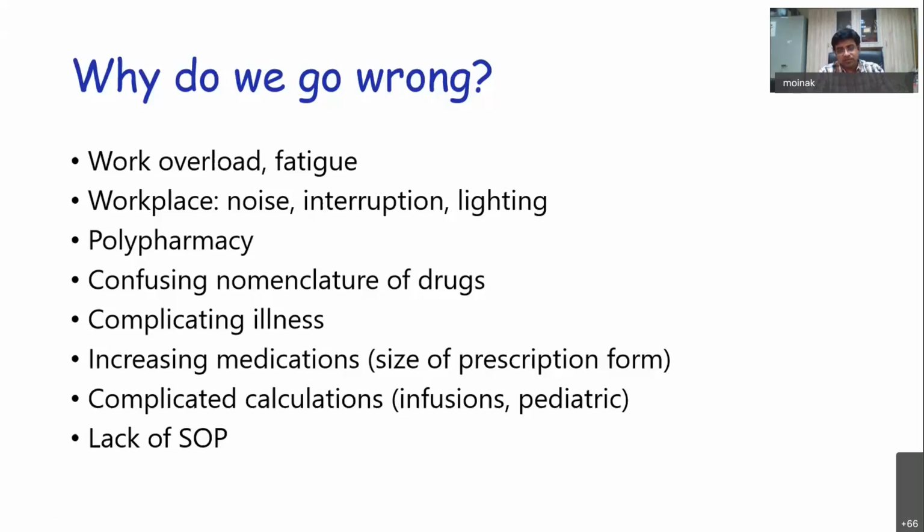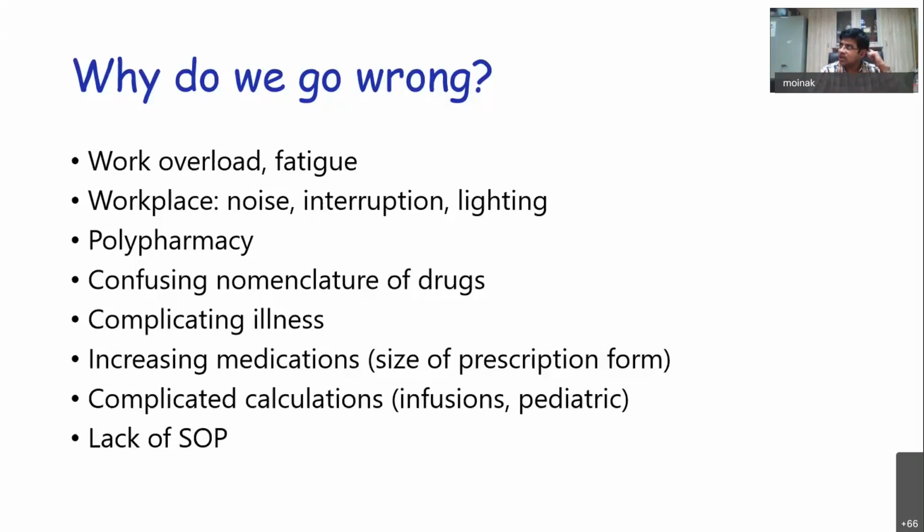Confusing nomenclature of drugs. There are times where there are some drugs where the primary drug, the pharmacological name, is something, and they dispense you something else. For example, Cipzox, if you have heard, C-I-P-Z-O-X.